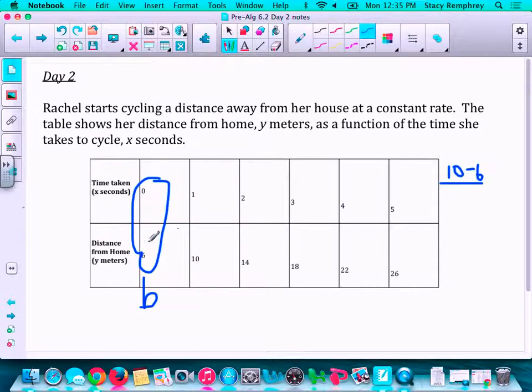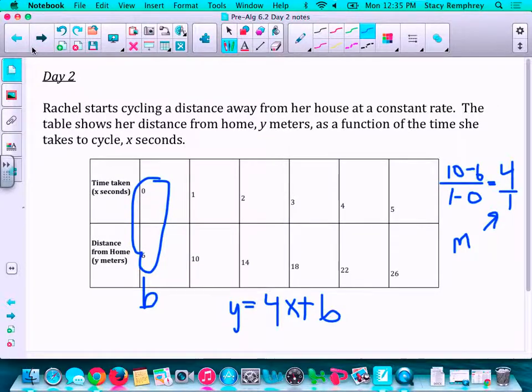So I did 10 minus 6 over the difference in the x's, 1 minus 0. Again, the difference in the y's goes on top. That gives me my slope of 4 over 1, and that's my m. So when I plug them into y equals mx plus b, I get y equals m, which is 4, x plus b, which we found right here, our y-intercept is 6.